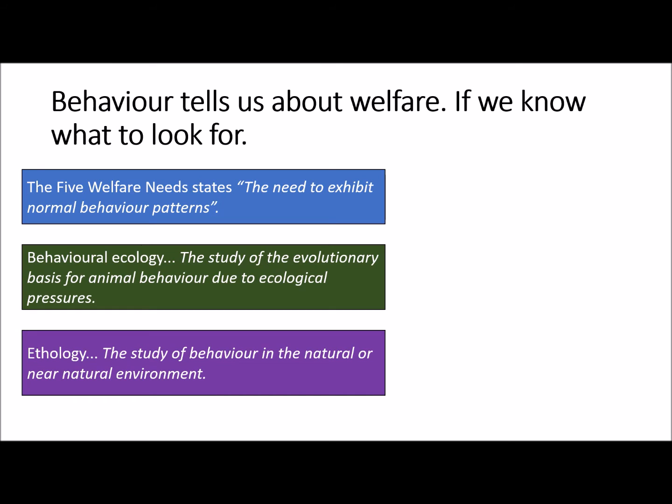And from a pure science perspective, we can look at what we actually mean by animal behaviour study. And from an ethological approach, the study of behaviour in the near natural or natural environment is what we call ethology. And we know our key animal behaviour scientists from the early 1930s are Konrad Lorenz and Nico Tinbergen, who were the founding fathers, if you like, for some of the key areas of animal behaviour science that we still use today.